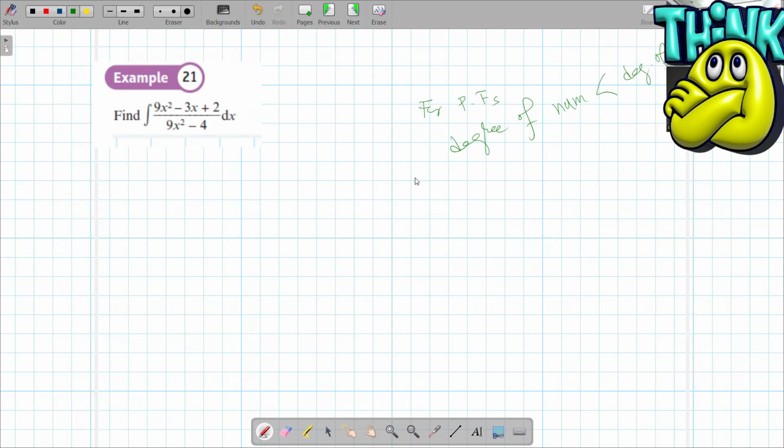This is the rule. You cannot apply partial fractions if the degree of numerator is greater than the degree of denominator. So what happens if the degree of numerator is more than the degree of denominator? Then you apply the division. In this particular case, you can divide or you can also apply the partial fractions as well.